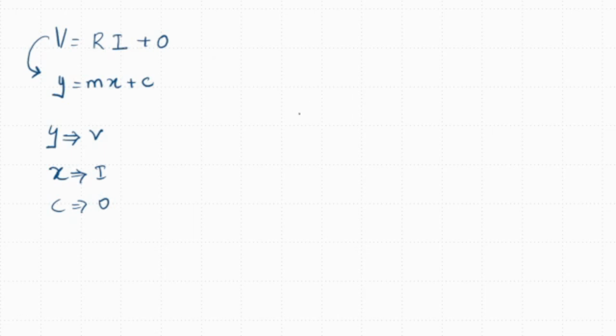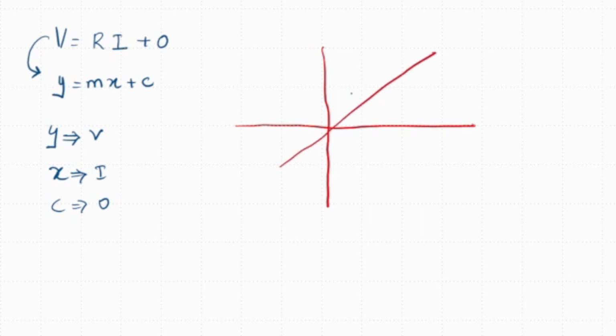Therefore it crosses through the origin. So if we try plotting it, మనకి ఒక graph passing through origin వస్తుంది. The y-axis is representing the voltage and the x-axis is representing the current. And what is the slope representing? Slope is actually representing the resistance R, which is equal to V over I.